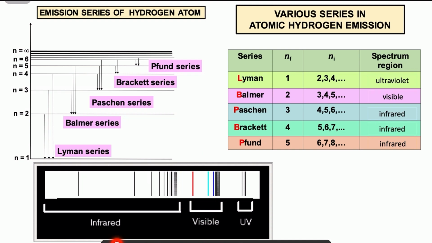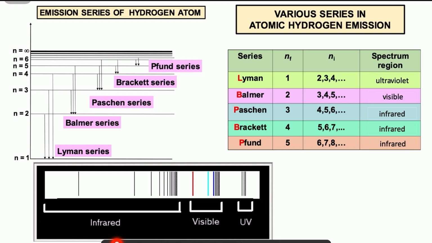If the electron falls to n equal to 3, it is in the infrared region. In the infrared region, we have the Paschen series, Brackett series, and Pfund series.